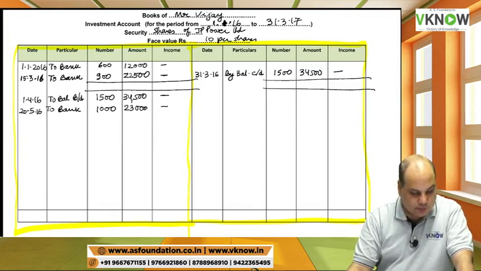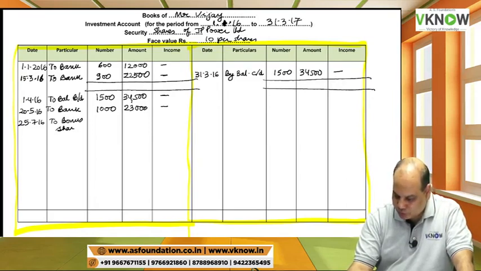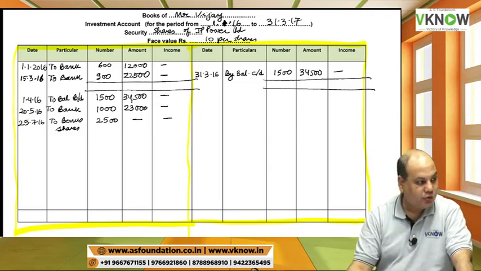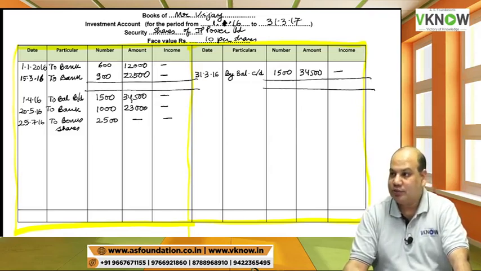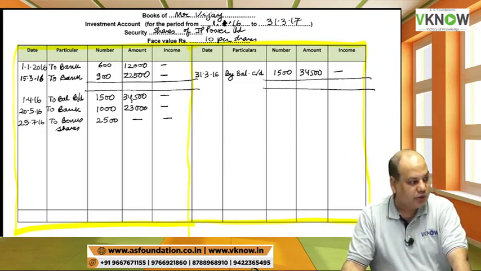Then you have 25th July: two bonus shares. Write down only the number column, 2500, and the amount column will be 0, just to keep a check on the number of shares.